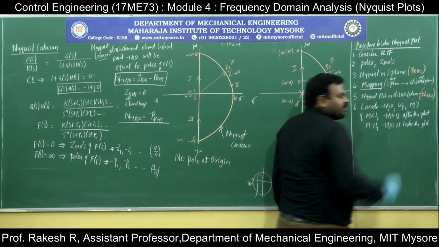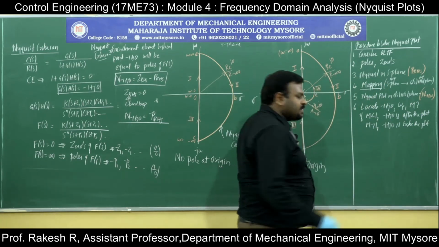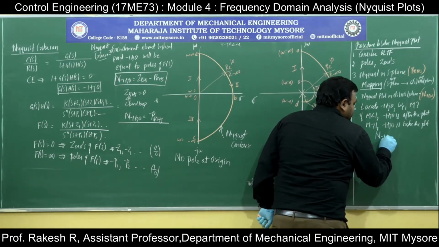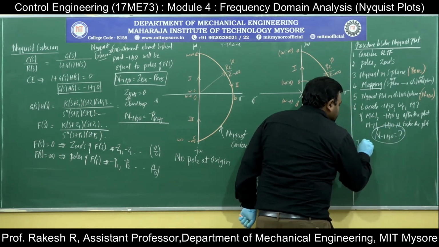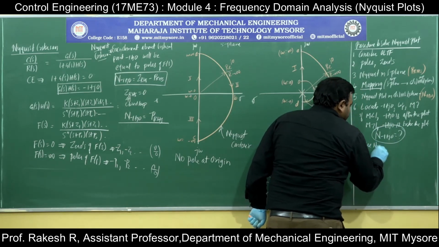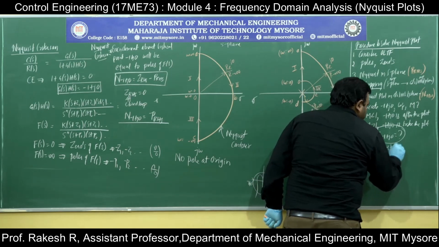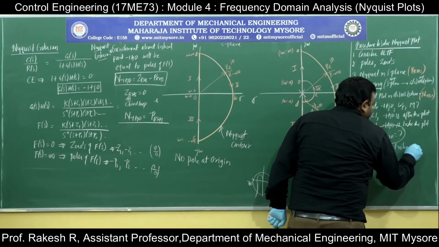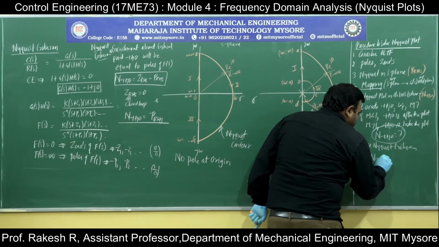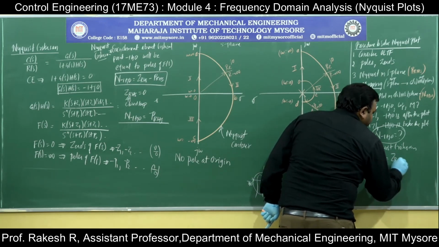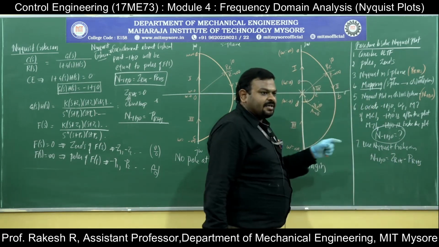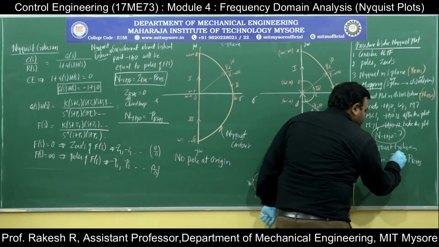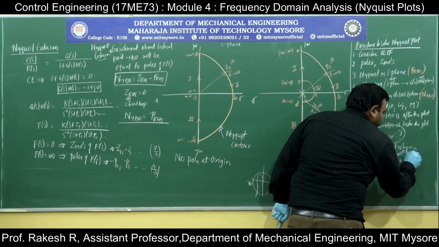By seeing the location of -1 plus j0, find out N minus 1 plus j0 here. Then after that, use the Nyquist criterion. What is the Nyquist criterion? N minus 1 plus j0 is equal to Z RHS minus P RHS. What is Z RHS? Z RHS will be 0 always to get closed loop stability.